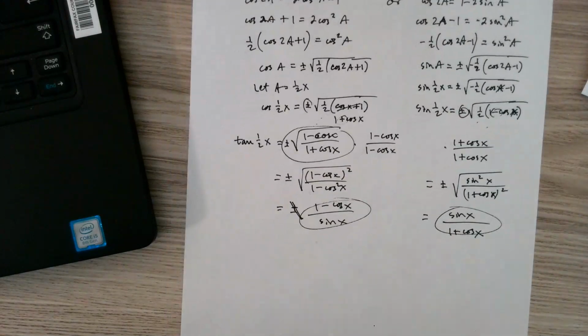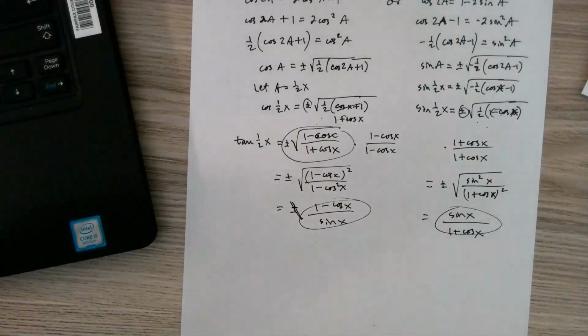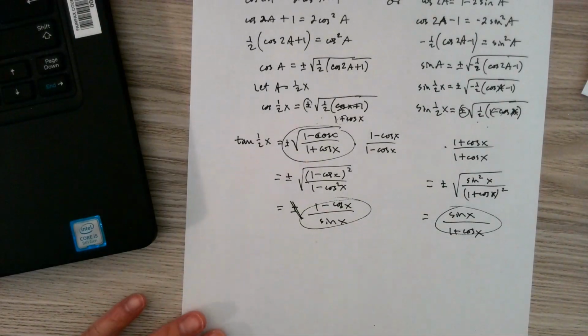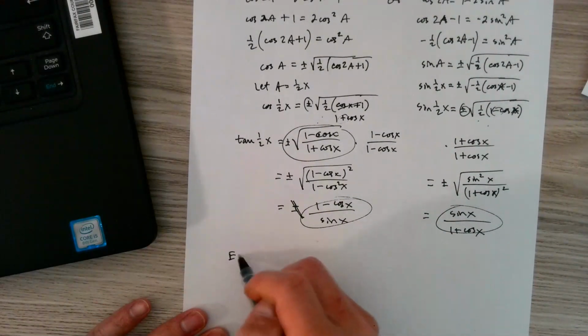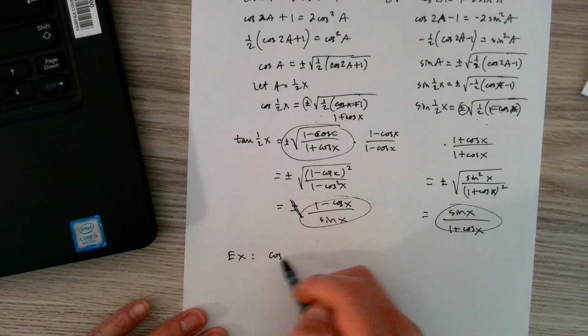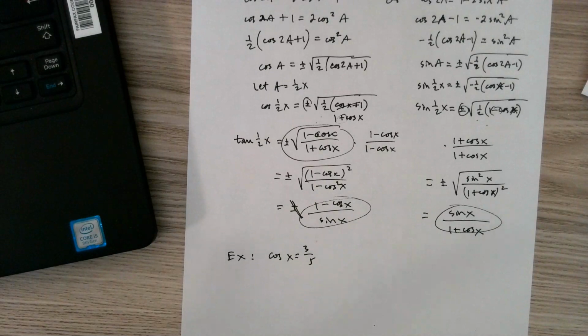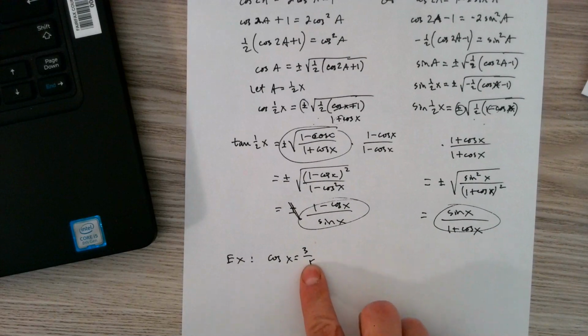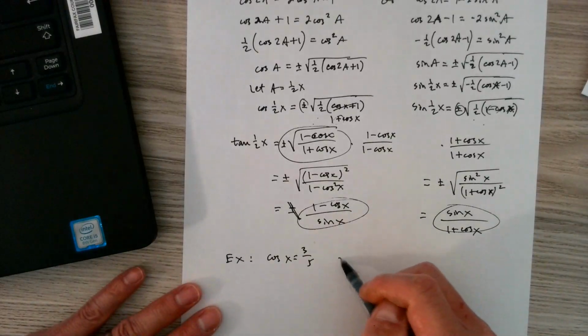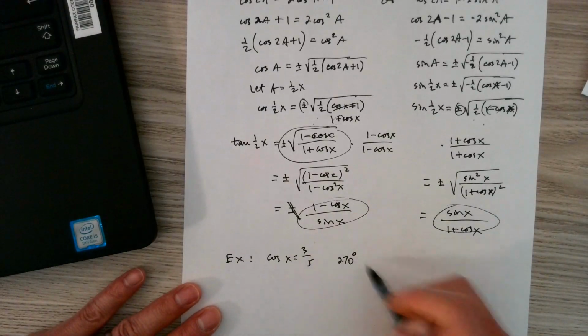Okay, so what do we use the half-angle identity for? This is an example. So let's say you're given the cosine of an angle, 3/5. Now that angle could be in quadrant 1 or 4. So you need some more information about this angle.